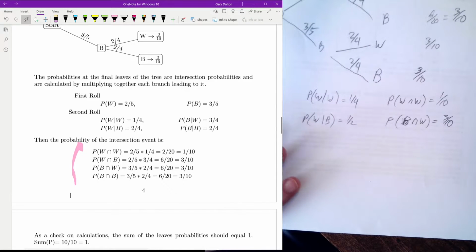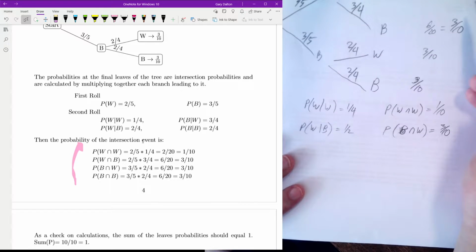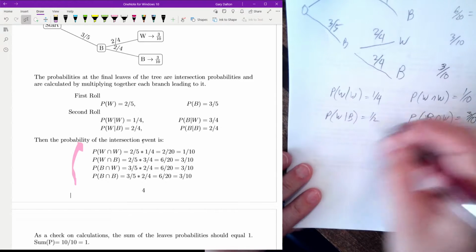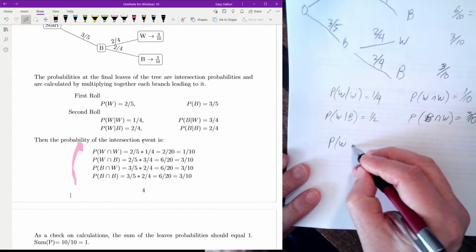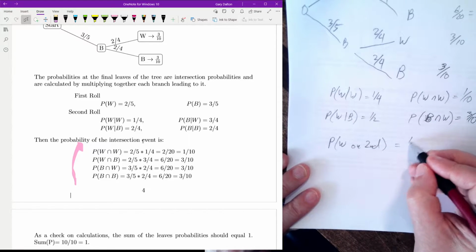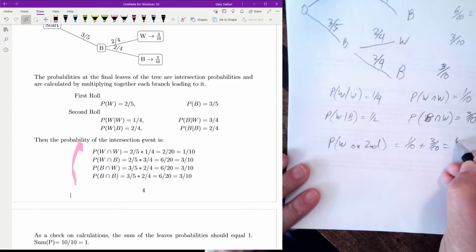So the probability of drawing a white ball is equal to the probability of white-white and blue-white, right? So the probability of white on second is equal to 1/10 plus 3/10, which is equal to 4/10.